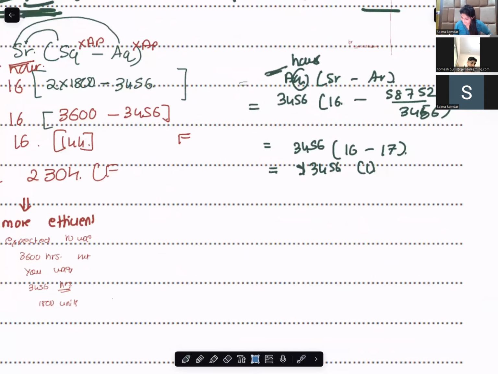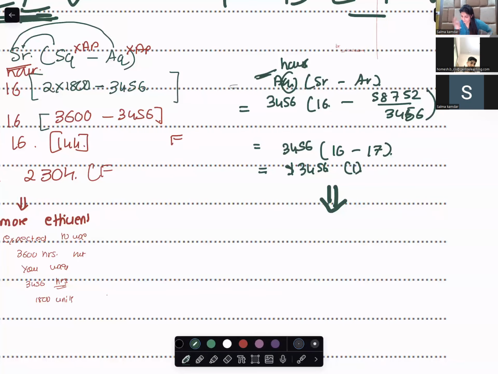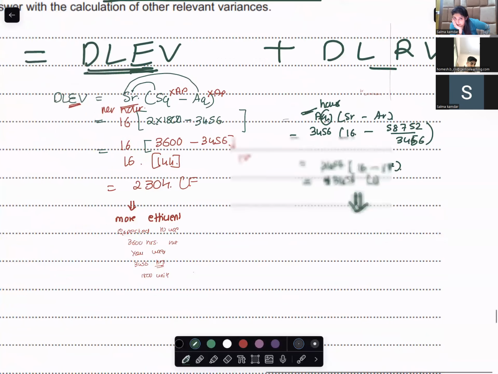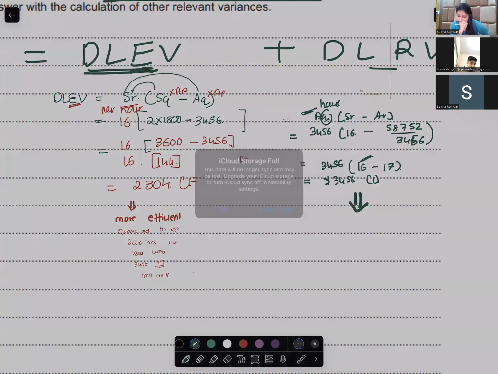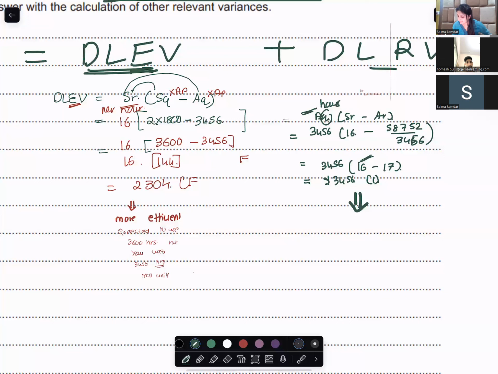Correct, right. Give me the reasons for the same. You had expected that you will get the labor at $16, but you got the labor at $17.